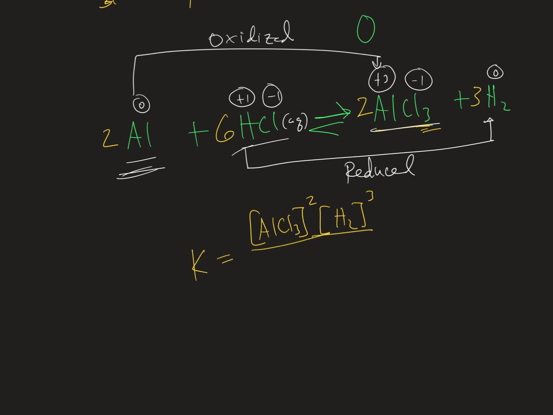Y'all following me? What goes on bottom? Concentration of Al raised to the second power. Concentration of HCl raised to the sixth power. Good? That's it. So it's as simple as that.